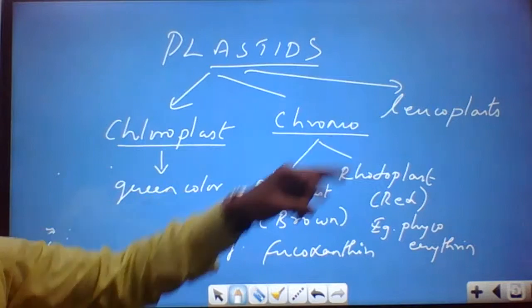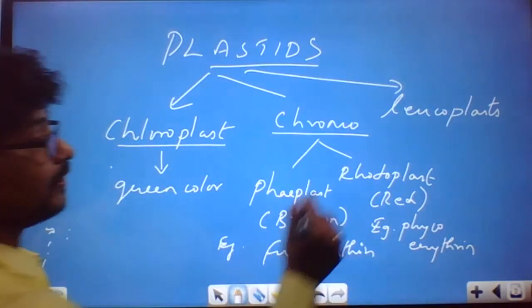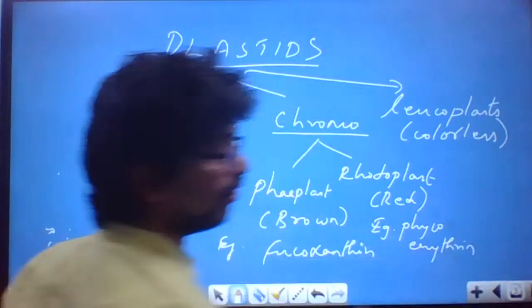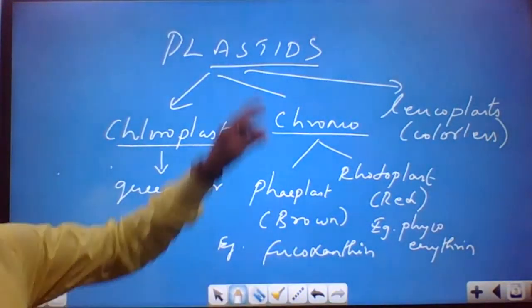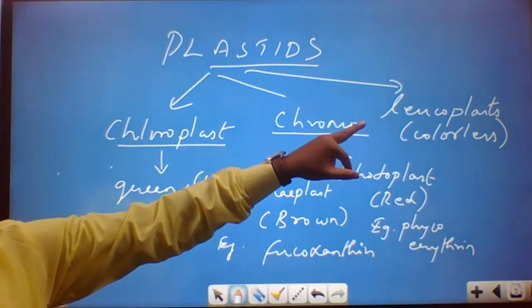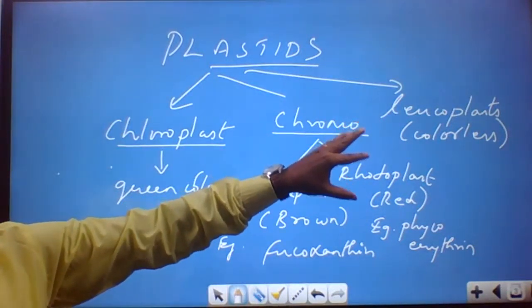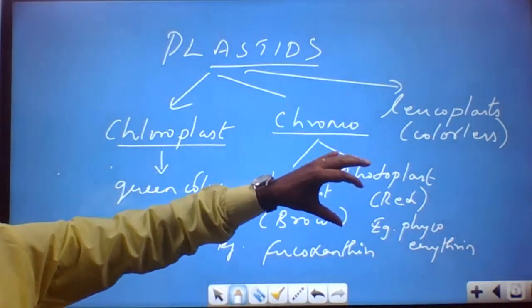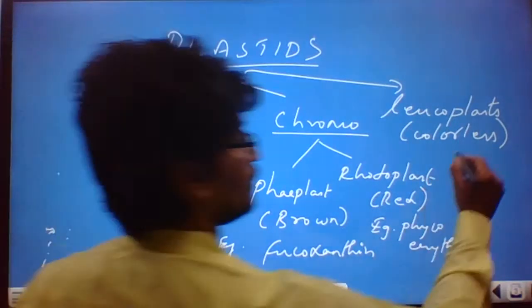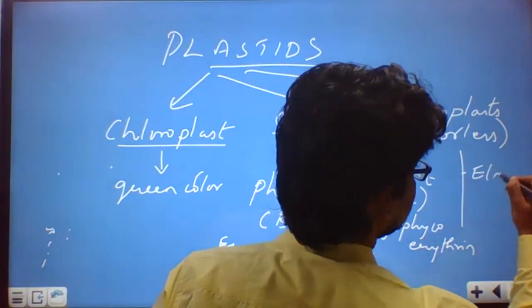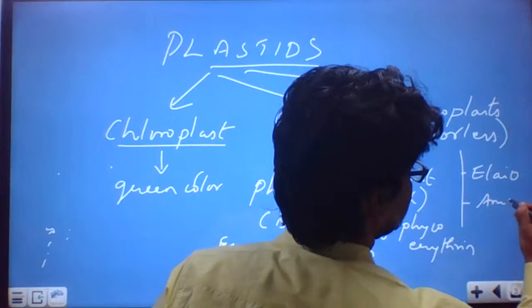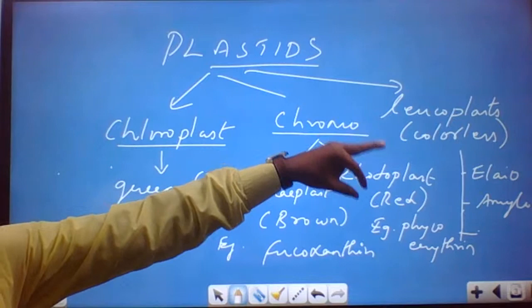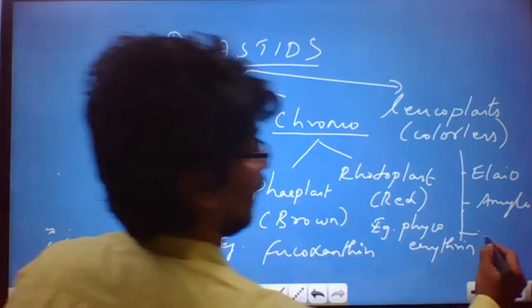Coming to the leucoplast, these are all colorless. So this won't have any sort of color. In the plastids, the leucoplast will not actually produce any colors, but the names that you could see are elaioplast, amyloplast, and there is one more leucoplast along with elaioplast and amyloplast: alleroplast.